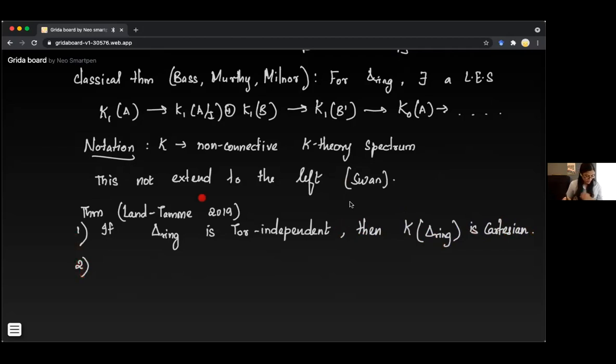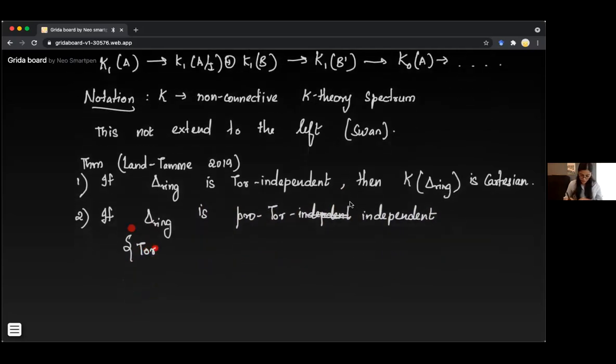And if you only have pro-Tor independence, so if delta ring is pro-Tor independent, by that I mean you take the Tor groups, Tor i of A mod I to the n with B, and take the pro groups corresponding to this.